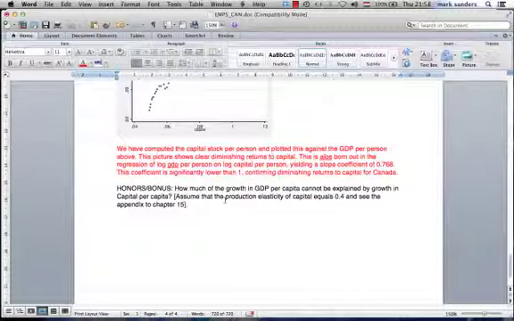And if I go back to the appendix to chapter 15, let me look up the equation. It's on page 346. You see that the residual is equal to the growth rate of output minus alpha times the growth rate of the population minus 1 minus alpha times the growth rate of capital.